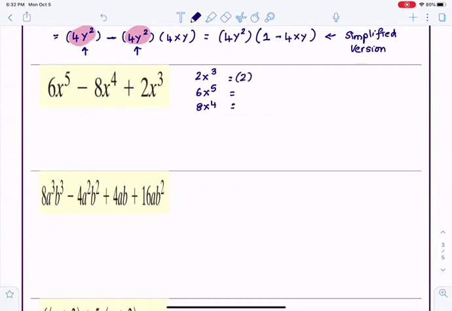For the x terms, the smallest exponent is 3, so I'll have x cubed. I can rewrite 6 as 2 times 3, and x raised to 5 as x cubed times x squared.